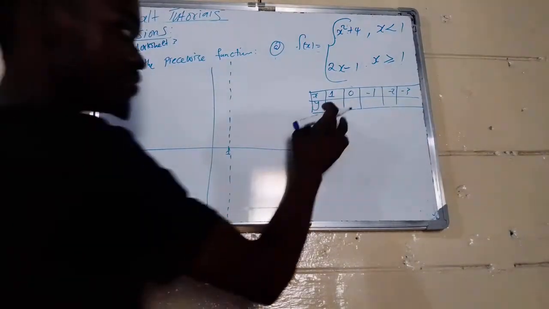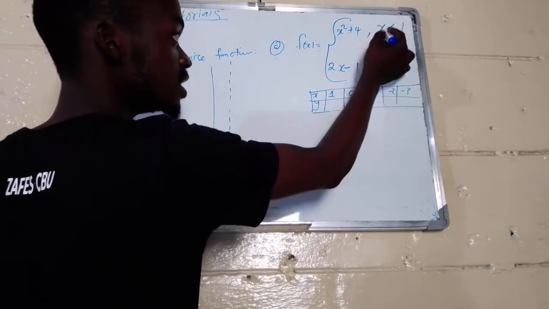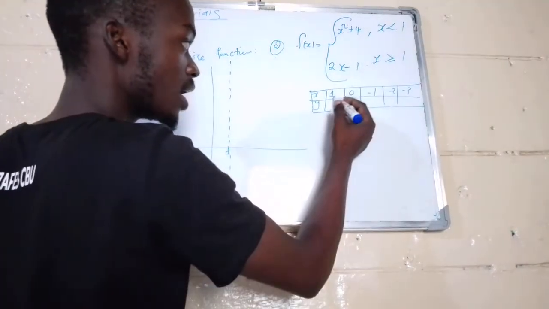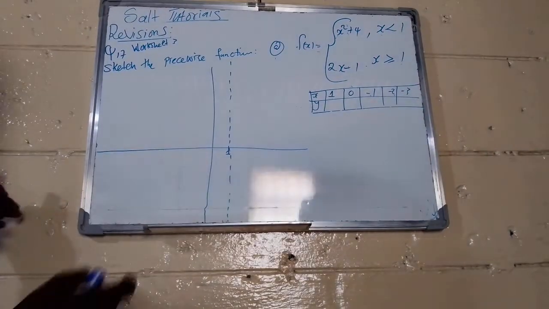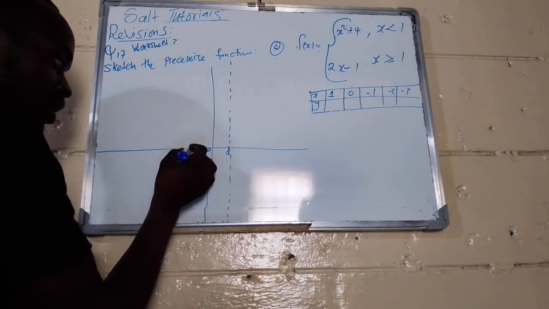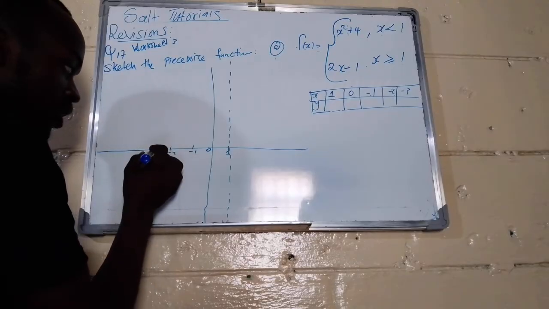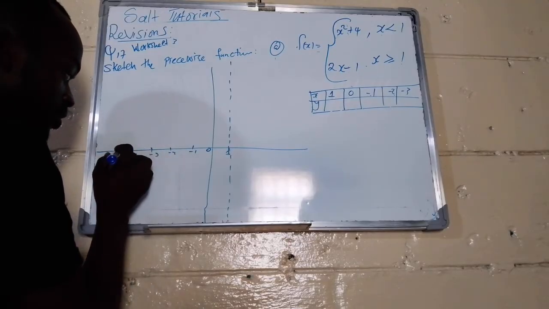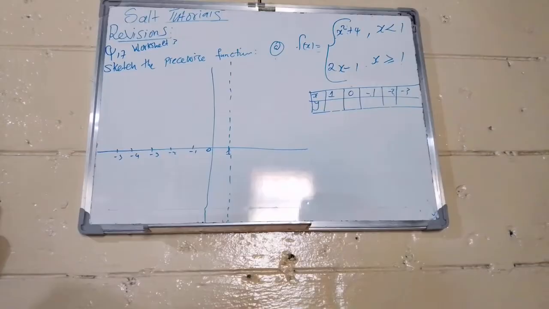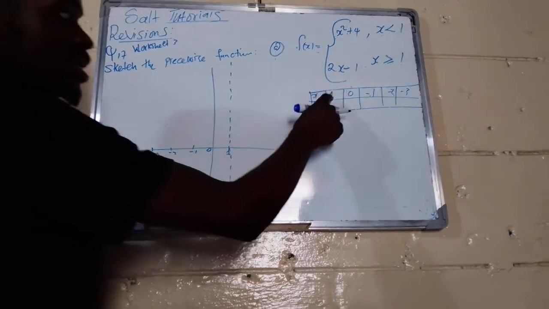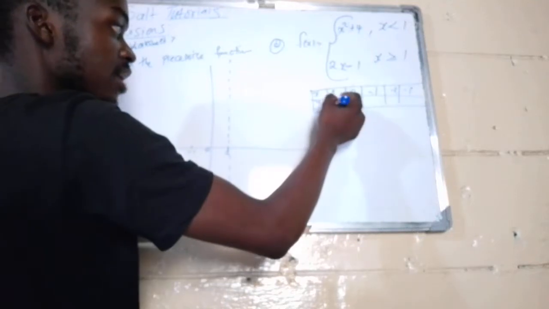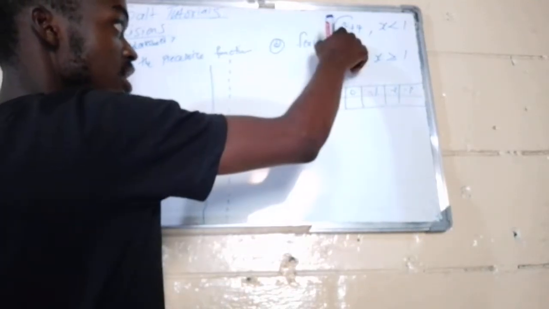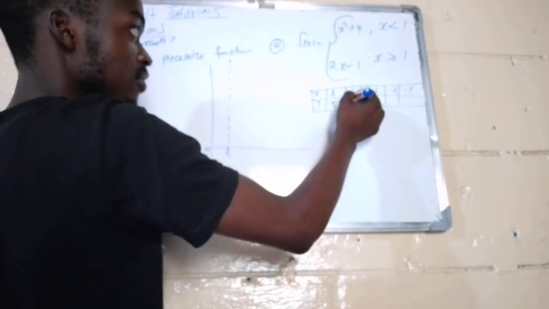What are your values of y when x is less than 1? We punch in x equal to 1 here to be 1 squared plus 4, which is basically 5. 0 in here to be 0 plus 4, which is basically 4.